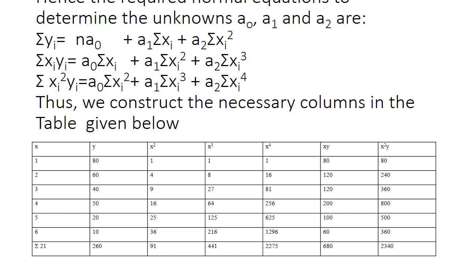Getting the second one, we can now use the three equations. From there, we can tabulate the values of x, y, x squared, x raised to power 3, x raised to power 4, xy, and x squared y. You can see the tabulated figures there for that set of data points.